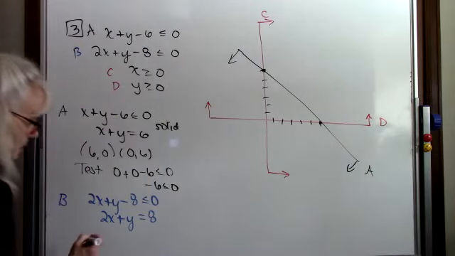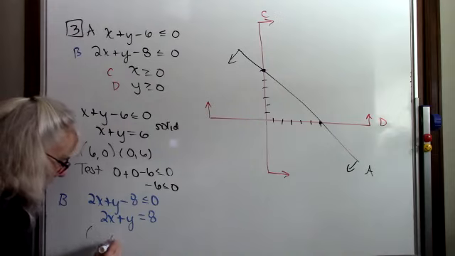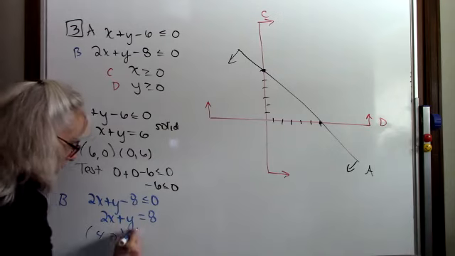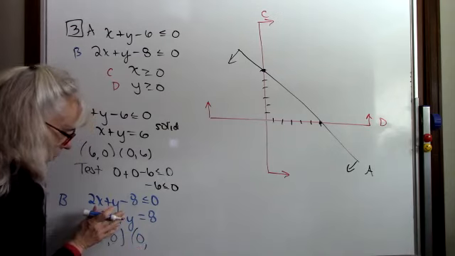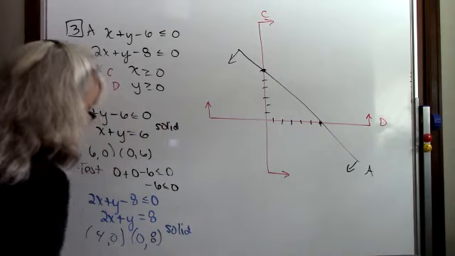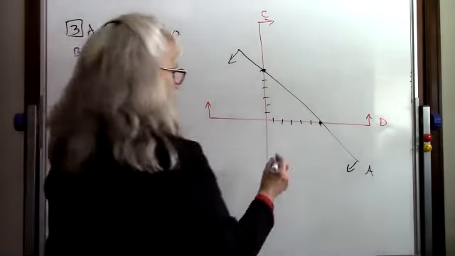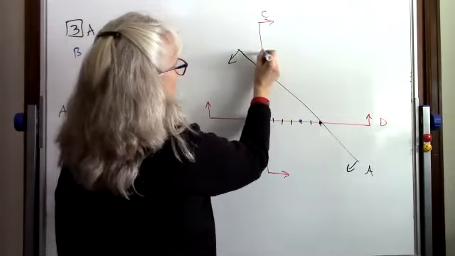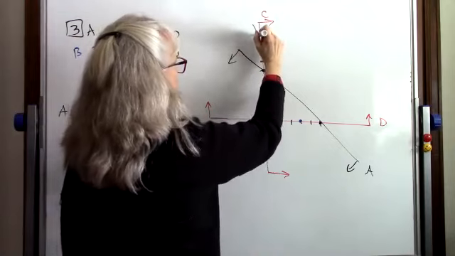So finding our intercepts again, we'll let y be 0. Solving 2x equal to 8 gives us an x value of 4. If we let x equal 0, then we'll get y equal to 8. Again, solid because of the inequality. So positive 4 on the x-axis and positive 8 on the y-axis.